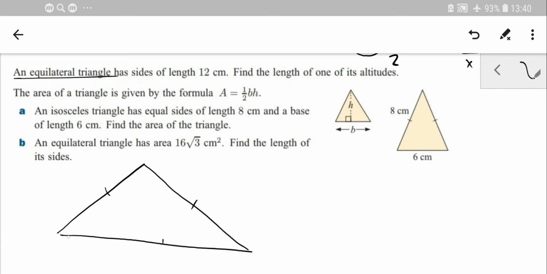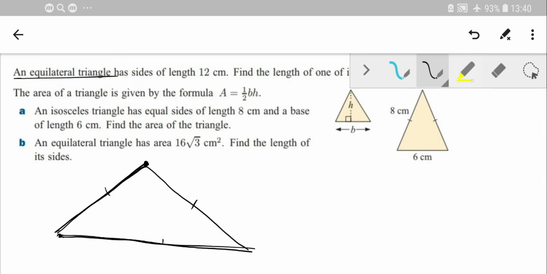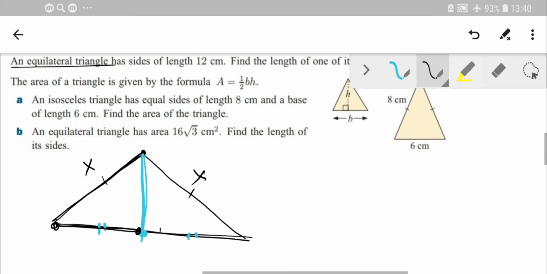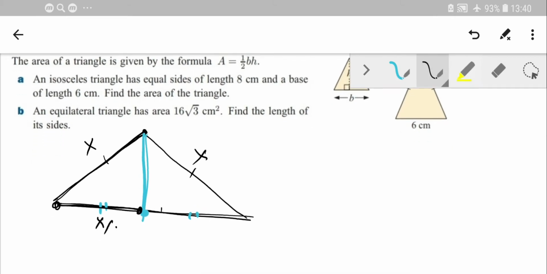So the altitude in this case is sort of the height, and that's why we can put the height down. And what we know, because it's also an isosceles, is that the height will split the opposite side into 2 equal parts. So if we say this is x, this part is half of x, so we can say it's x over 2.